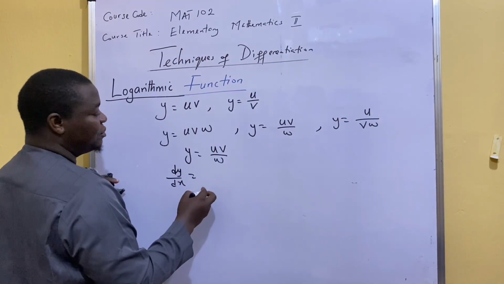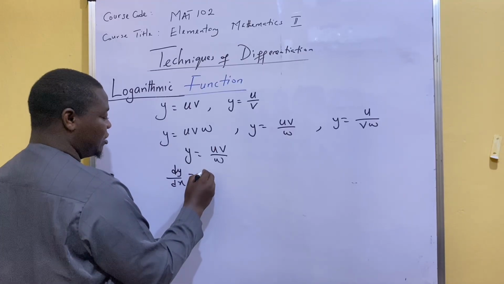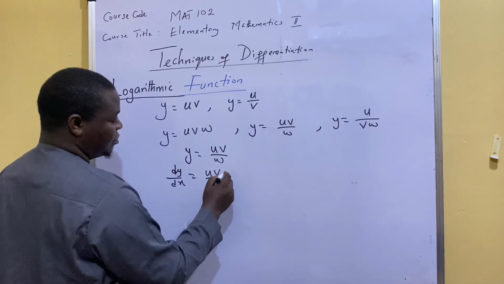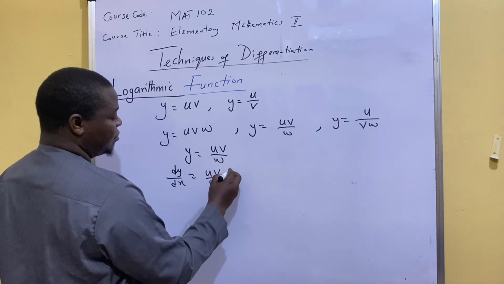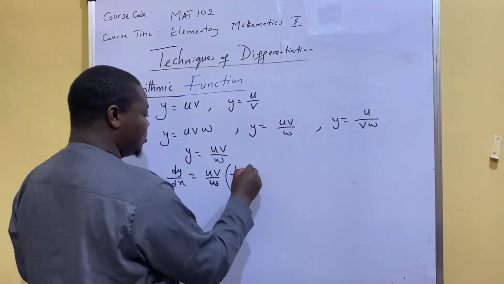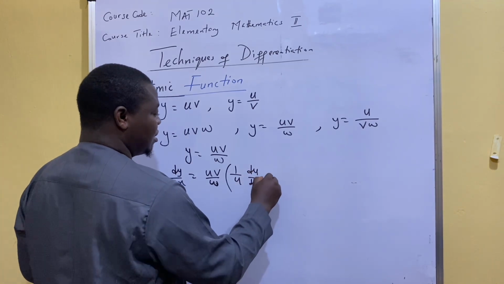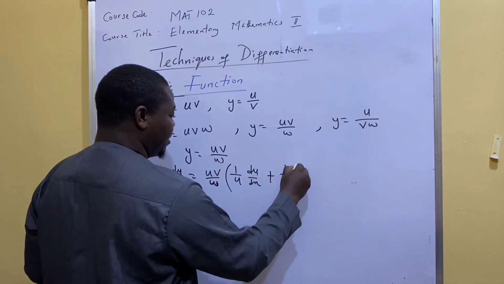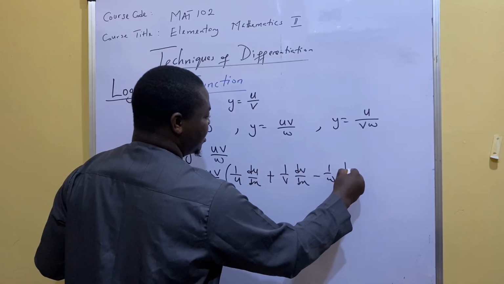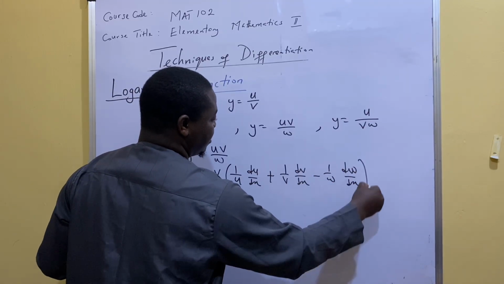Substituting the y value, so multiplying by y, which is uv over w, we now have 1 over u du/dx plus 1 over v dv/dx minus 1 over w dw/dx.